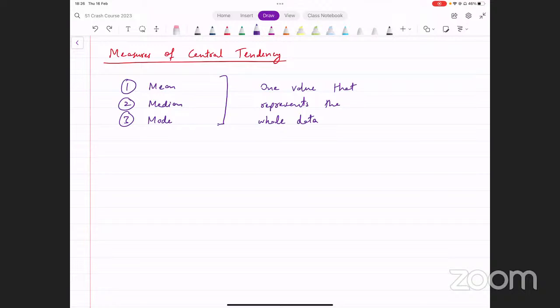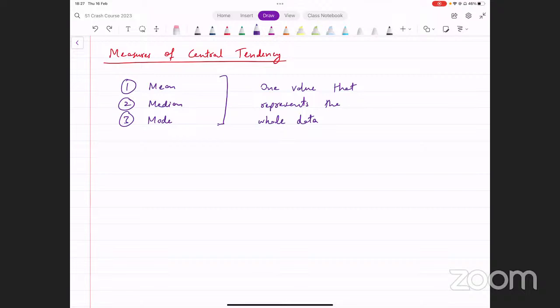I would describe the overall performance with a single number. Now, for that, I could use mean of all the scores, or I could use median of all the scores, or I could use mode of all the scores, right? So these are measures that basically are used to represent the whole data, to describe the whole data in one single number. All right, so that's the idea behind that.